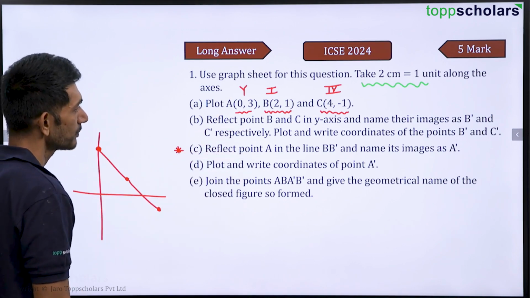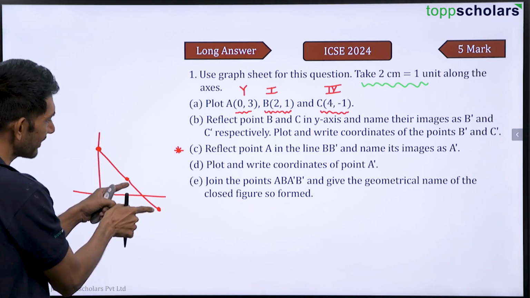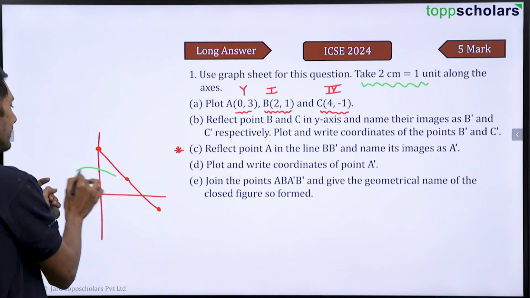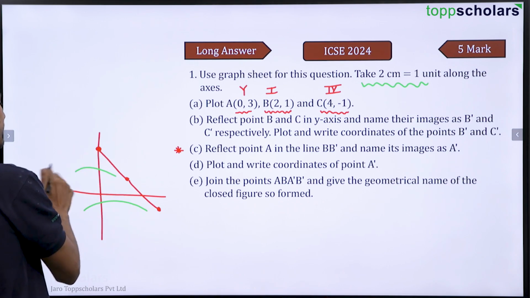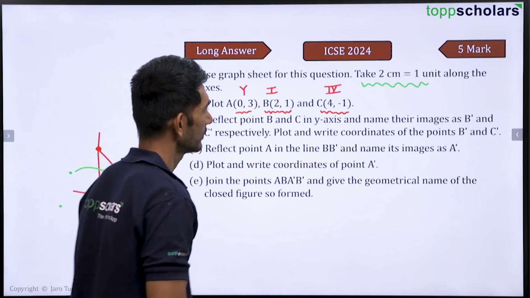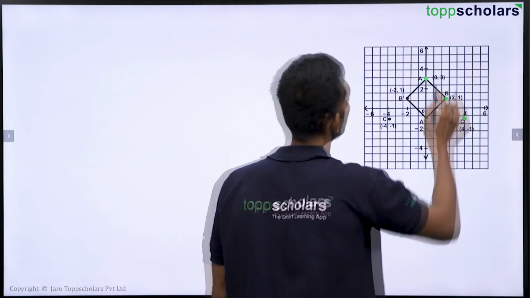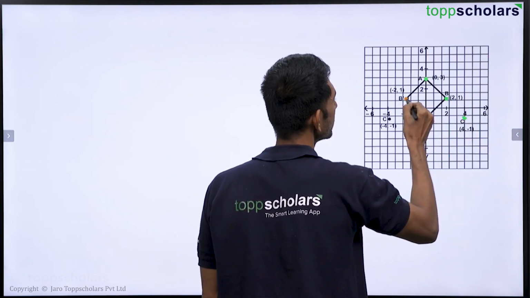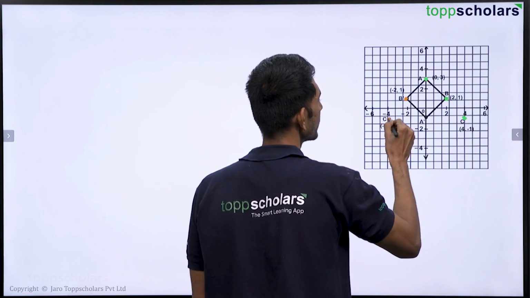First is done. Reflect B and C in y-axis. So this B and C in y-axis. So it will go that side, right? In y-axis means it will go here and here. So let us do that. So this B will become B dash here and C will become C dash.